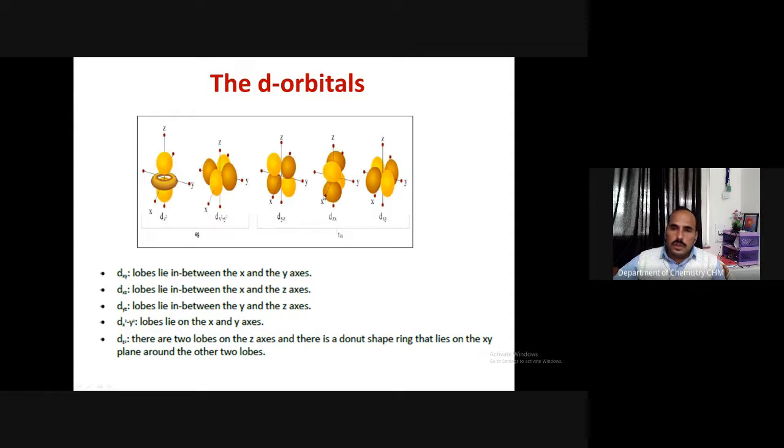Based on this, the energy of the five d orbitals in different geometries will be different, depending on which orbitals are facing the ligands. Whichever is close or directly facing, that energy will be high. Other orbitals which are not facing ligands directly, their energy will be low. So a splitting of the orbitals will take place.